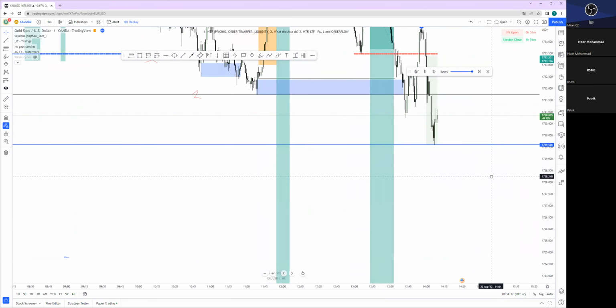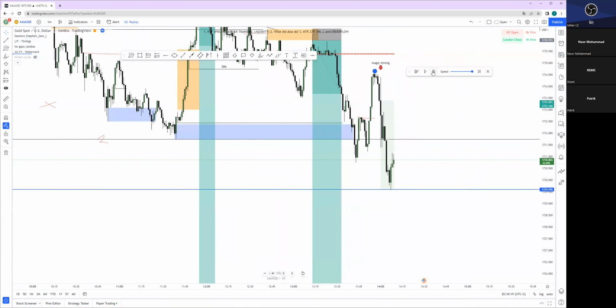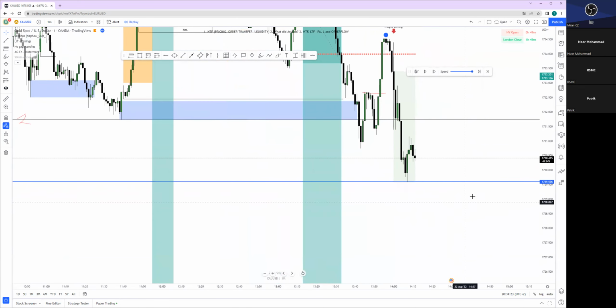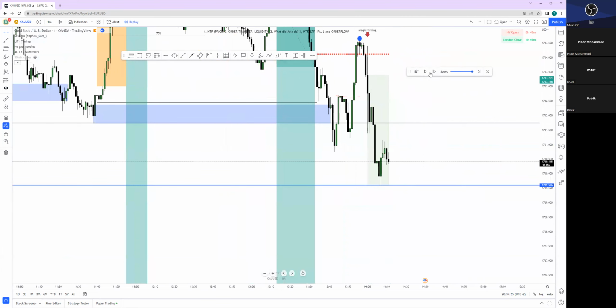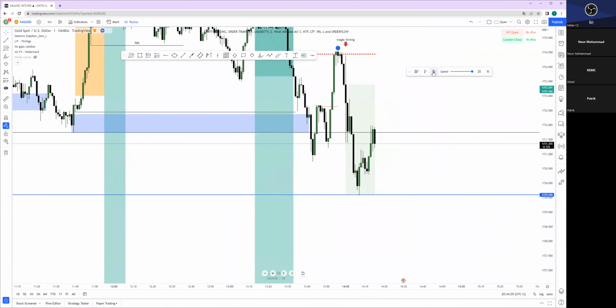August. Yeah, okay. So we have New York Open, right? You wanna see order flow up. I really hate taking trades like this, you know.